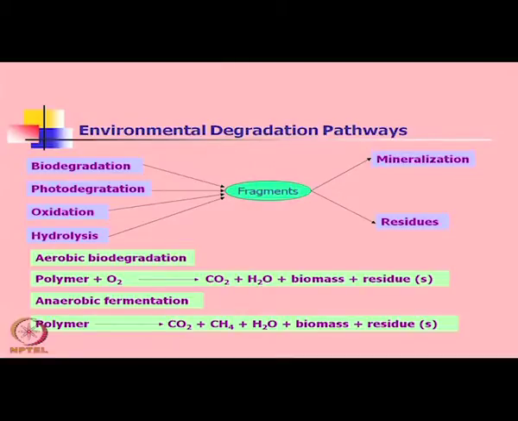Now, such low molecular weight fragments can be mineralized, or they remain on the earth as residues. Now, in case of biodegradation, there can be two types of biodegradation. One is aerobic biodegradation and the other is anaerobic degradation, or you can say fermentation, etc.